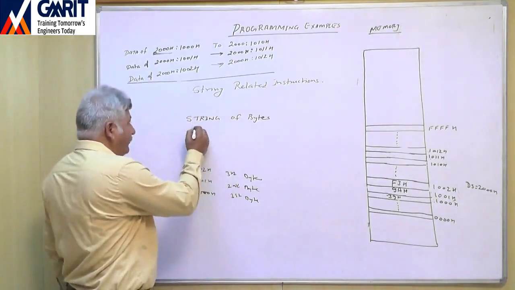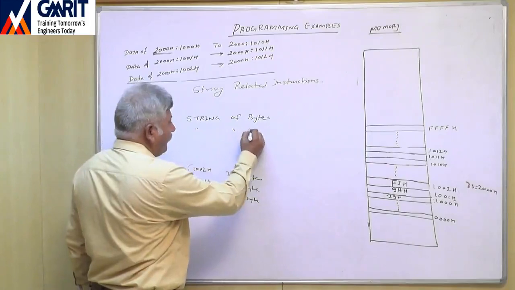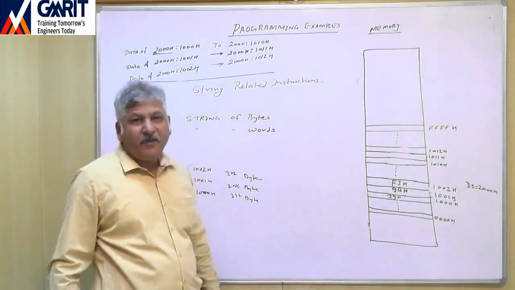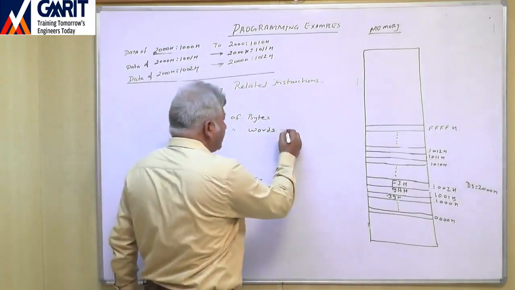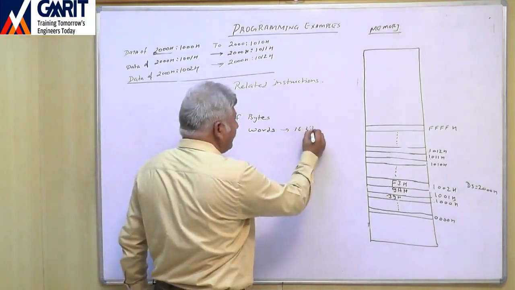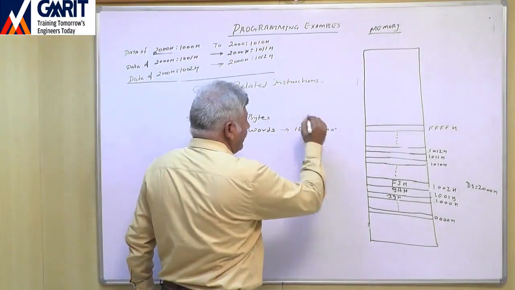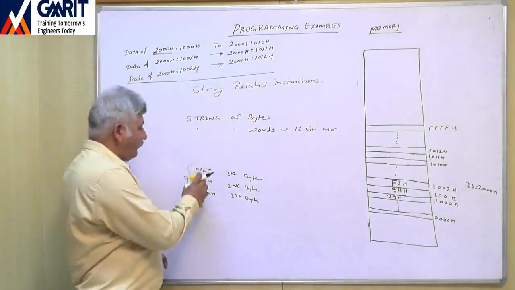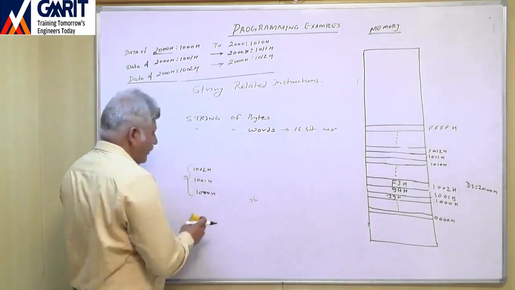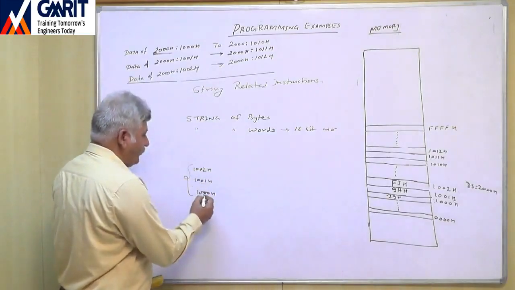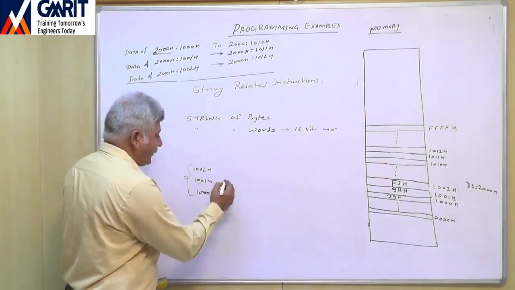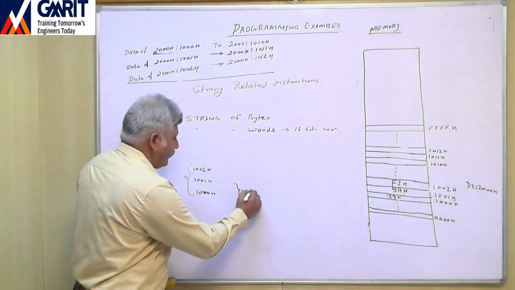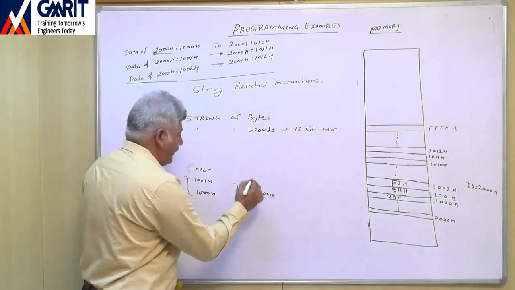And there can be a string of words, right? We know that a 16-bit number is called a word. So for a string of words, at location 1000H, we have the first word.